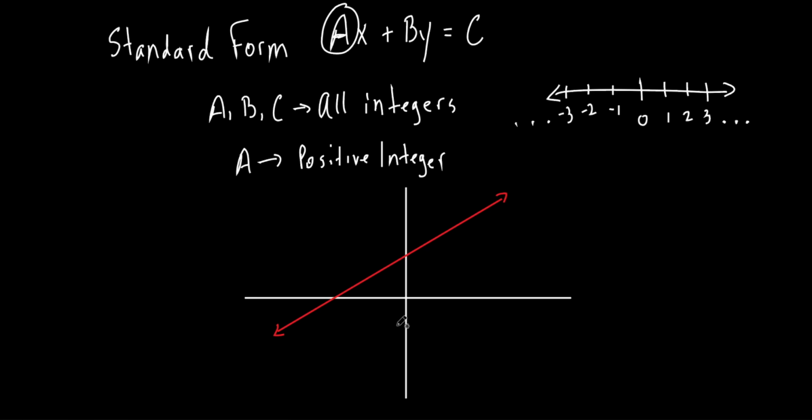Yesterday, we talked about another intercept, but very briefly, and didn't make a big deal about it. But look at this line. It crosses both axes. Would you agree? It crosses the x-axis and it crosses the y-axis. So this point right here, where it crosses the y-axis, is called the y-intercept. So take a wild guess what that point is called. That's the x-intercept, because that's where it crosses the x-axis.